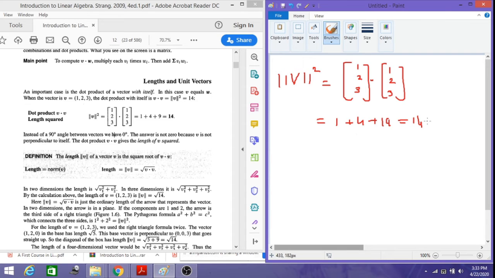So its squared length is equal to 14. That is V dot V, written as the length squared, is equal to 14.